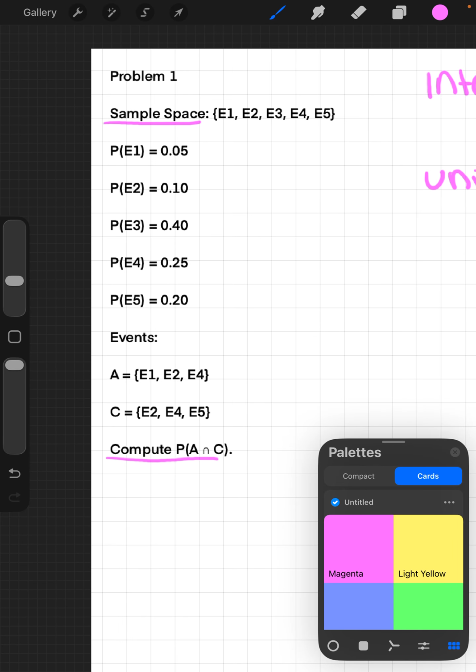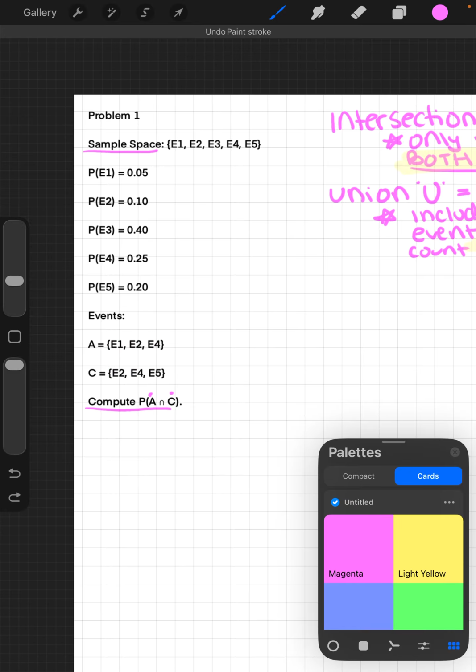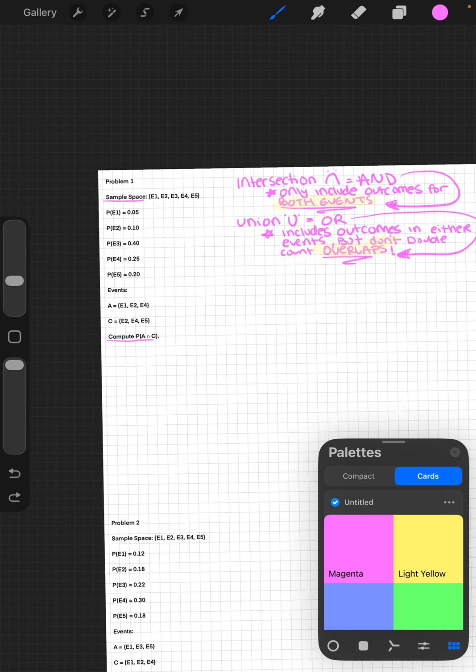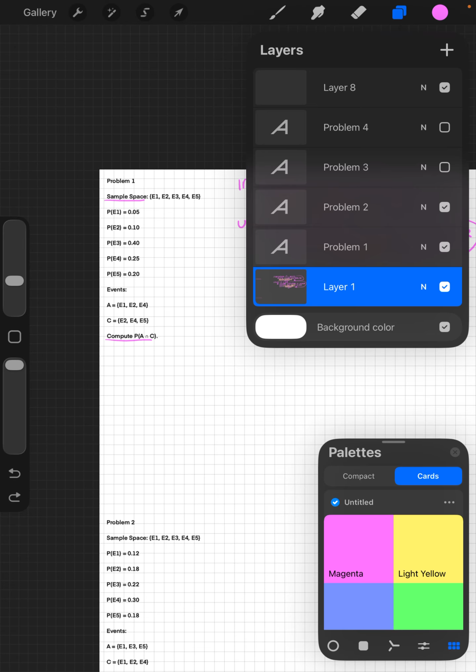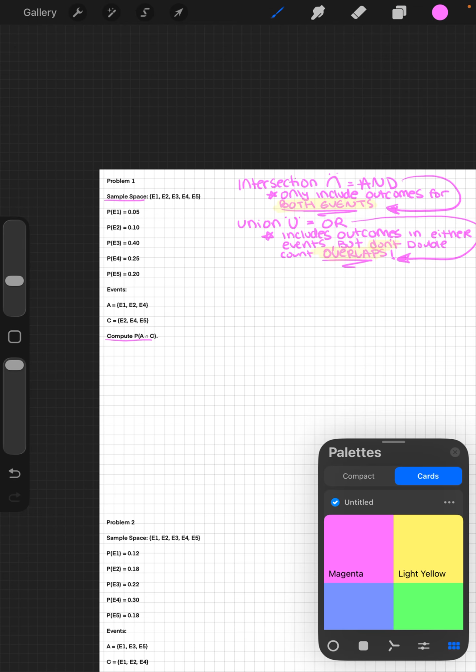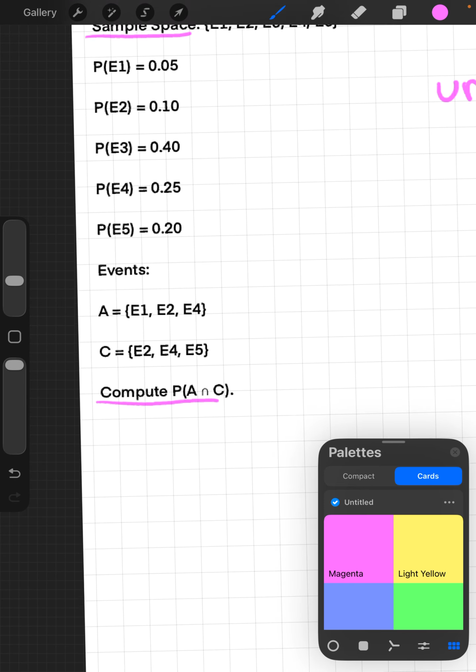So the first one, now we're going to find A and C. What I see that is common is 2 and 4. So it won't mess up later, I'm going to write it out.